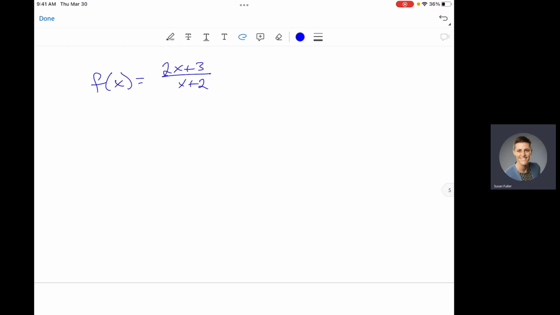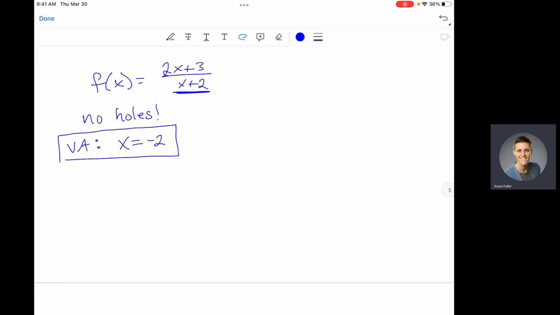So first thing you're going to do is holes and vertical asymptotes. Everything's factored here, so we can see, does anything cancel? We don't have any canceling, so this doesn't have any holes at all. Vertical asymptotes come from the factors on the bottom that don't cancel. So wherever x plus 2 equals 0, that's at the x value of -2, that's going to create a vertical asymptote.